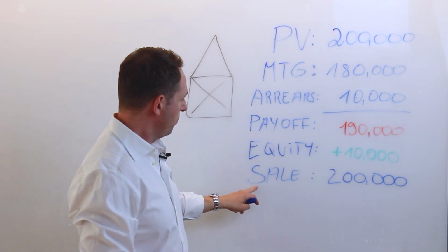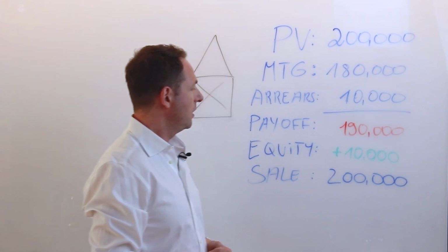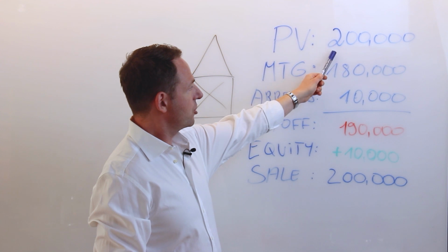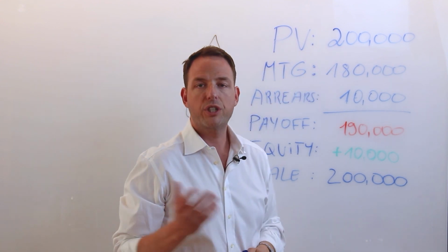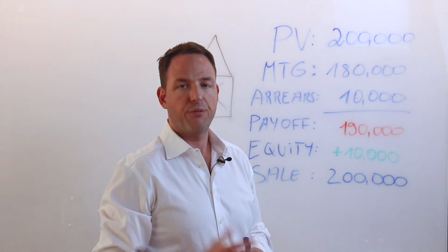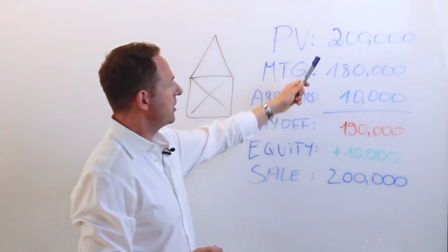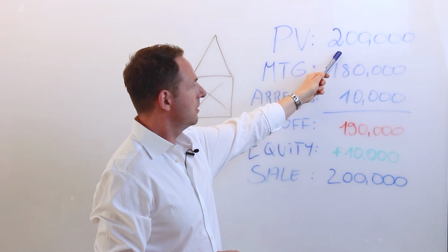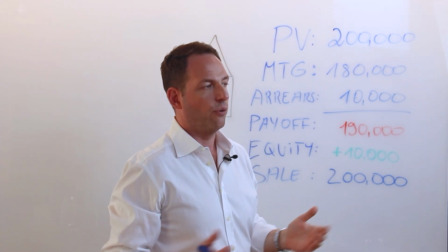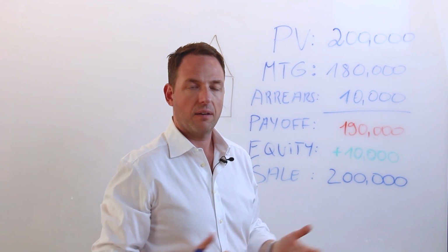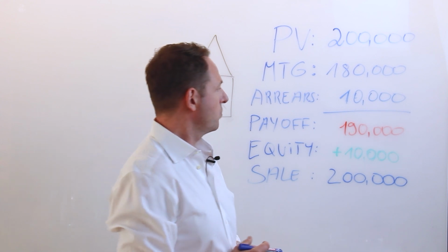Now, we're assuming that the homeowner sells the property for the actual amount that it's worth, $200,000, which is highly unlikely, because if you are going to put this property on the market, in order to fetch $200,000, you would probably need to put in some kind of money, be it for painting and cleaning of carpets, or maybe some hardwood floors need a little bit of love and sweat.